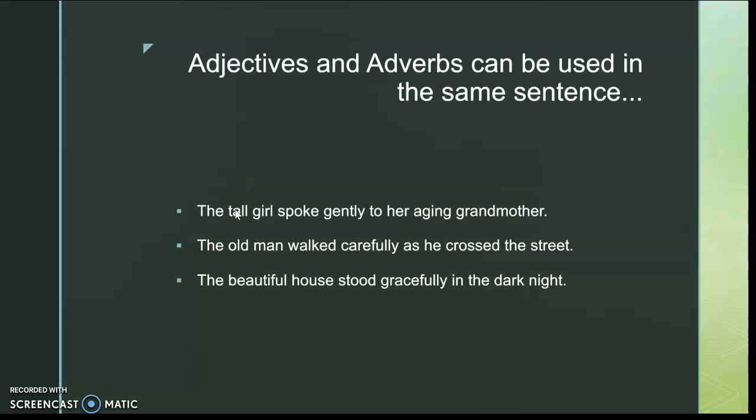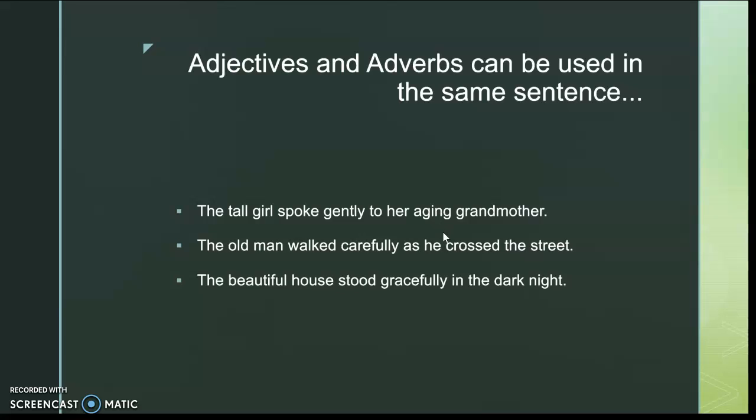She is tall. It's helping our subject, tall girl. What did she do? She spoke. Well, how did she speak? Remember, our adverbs answer the how. She spoke gently. Find our other subject, our grandmother. What's describing grandmother? Aging, which just means she's getting older.